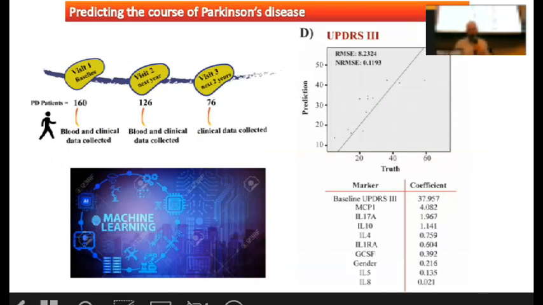The other thing that we're really interested in doing is trying to predict the course of Parkinson's disease. We know that it's different for every person, and I can't speak as someone with Parkinson's experience, but if you wanted to know what the future held for you, can we find biomarkers to answer your questions? So what we normally do here is we might collect a lot of information from you.